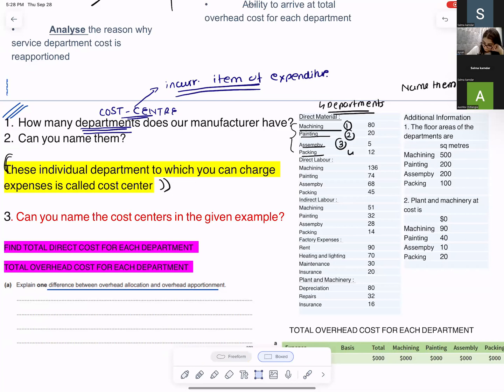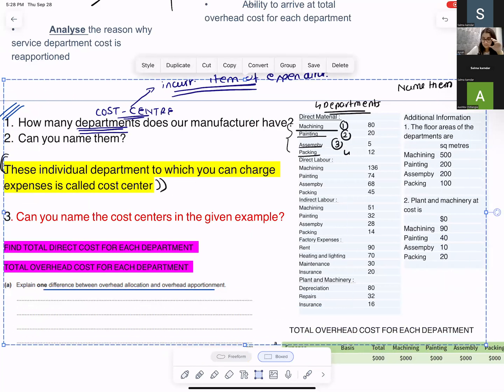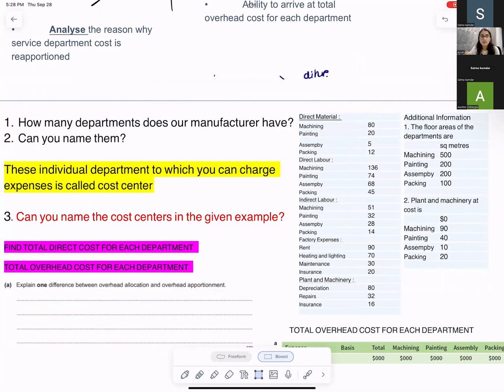How many types of cost centers do we have? Two. What are the two types of cost center? Production and service. One is the production cost center and one is the service cost center.